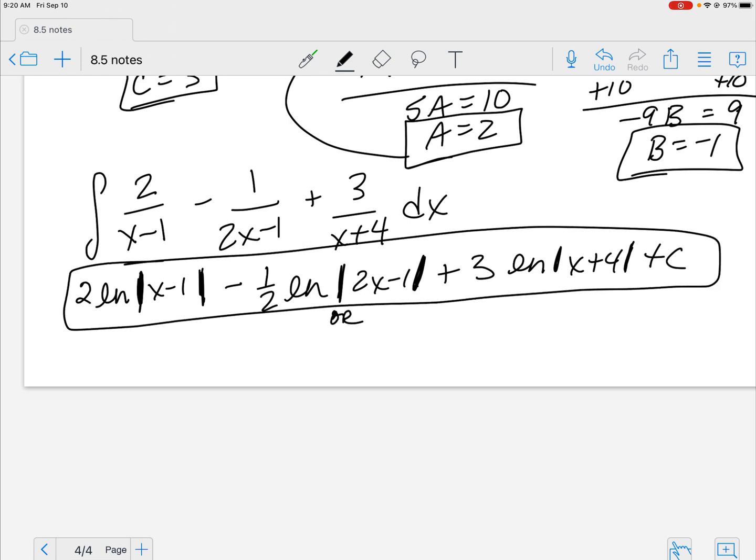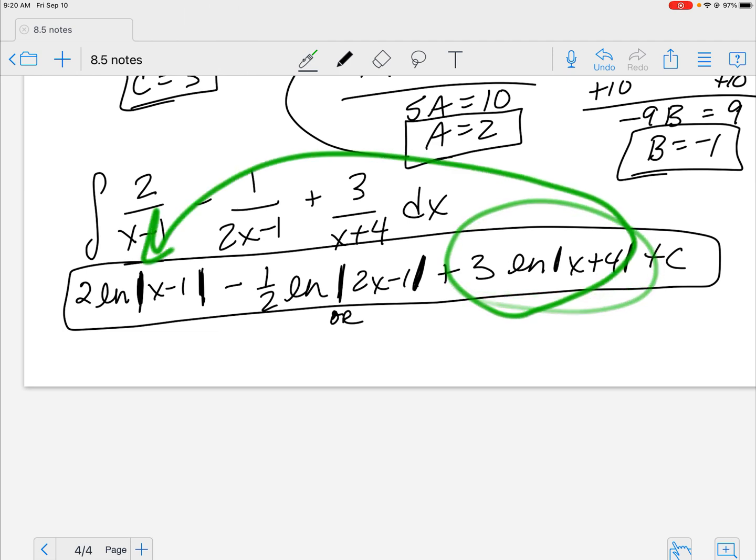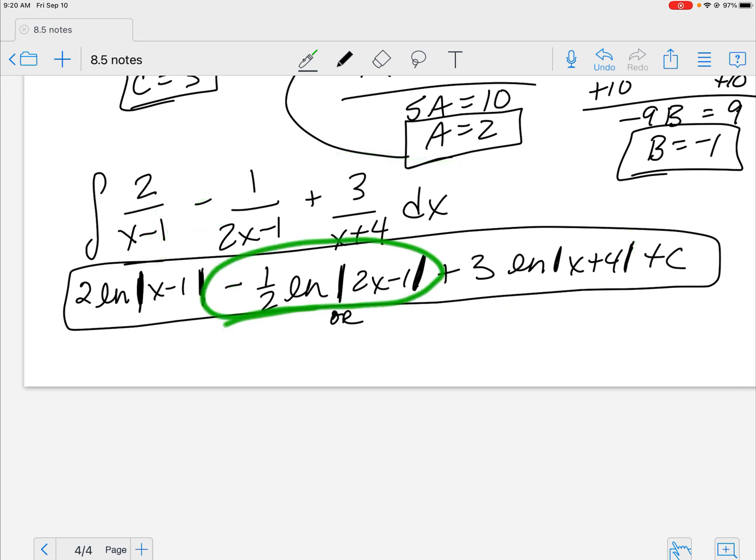Or you can put all of those together and you end up with, now keep in mind, we can move these around a little bit. This is plus, so it goes over here with this one. The only thing that's a minus is this piece, so that's the only one that goes in the denominator.